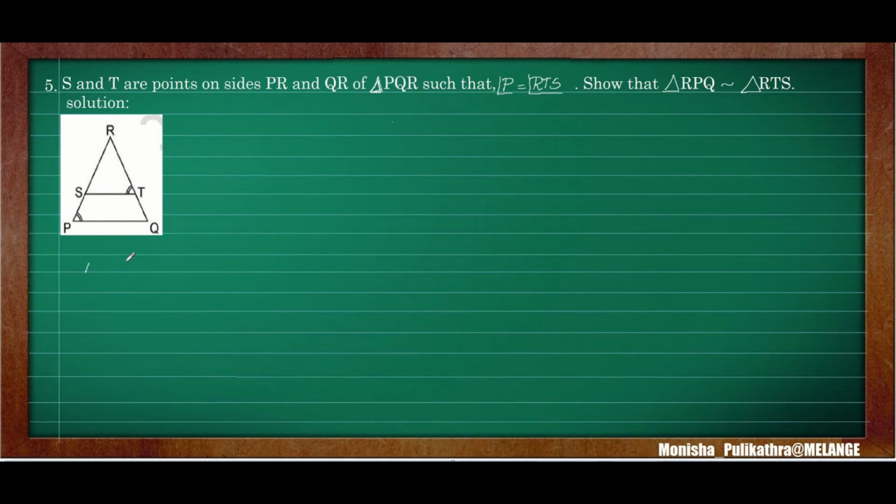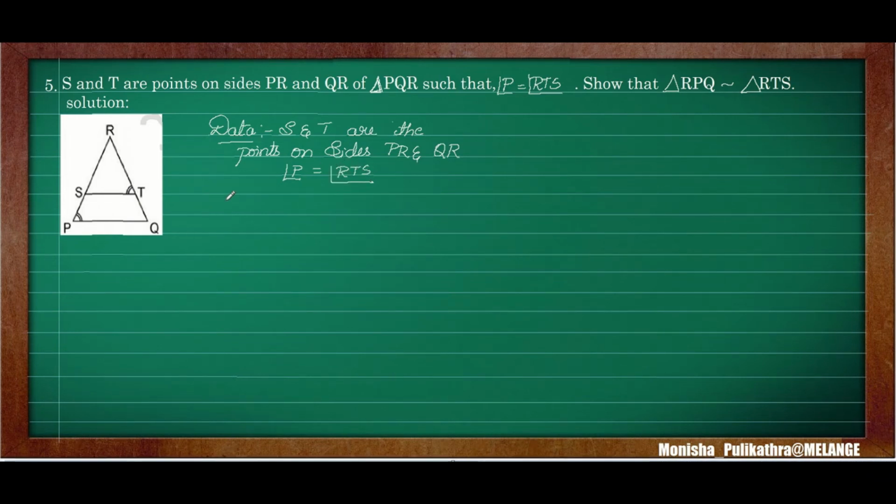So let us compare both the triangles. We can write the data so that it is a little bit elaborated. In the data, they have given S and T are points on sides PR and QR, and the second point is angle P is equal to angle RTS.